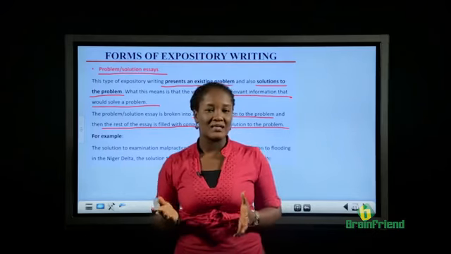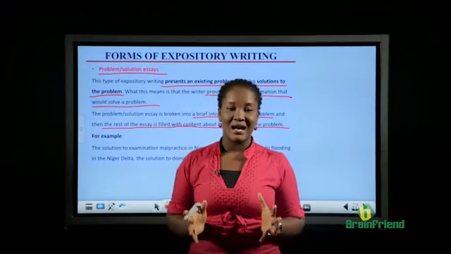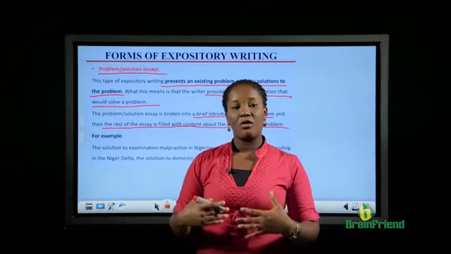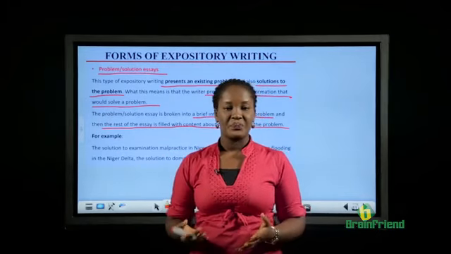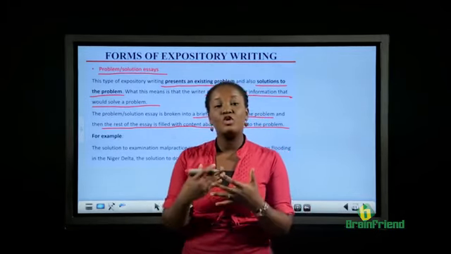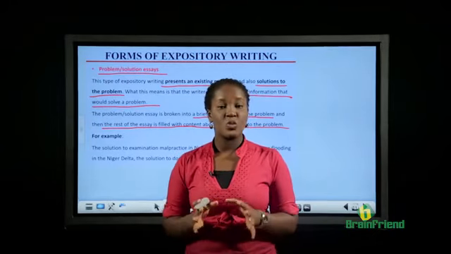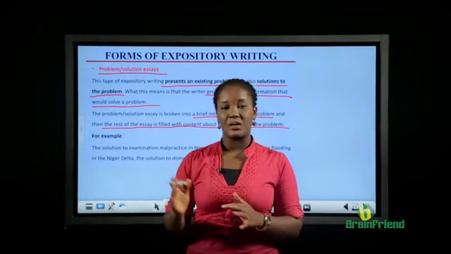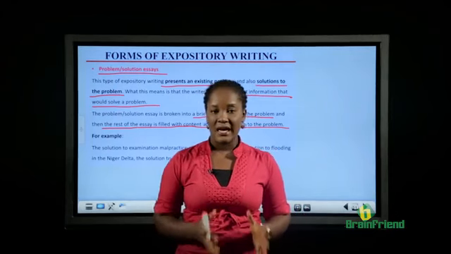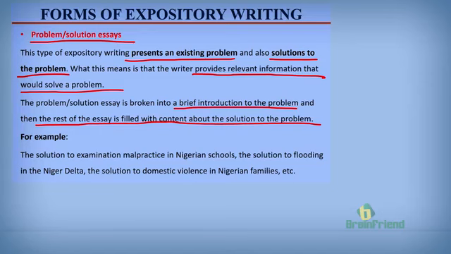So as the name implies, the problem solution essay has to do with stating a problem and then providing solutions to that problem. This is what the writer does when writing a problem solution kind of essay. Now, the first part of this kind of essay is a brief introduction into the problem.